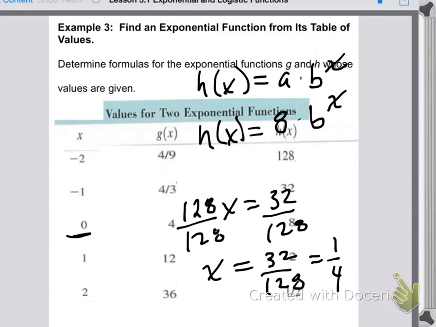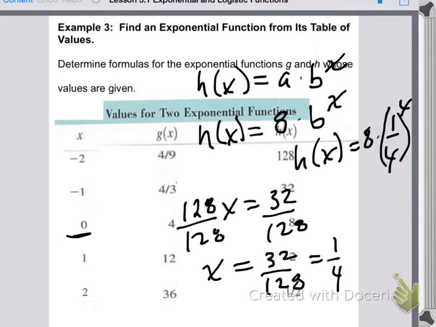Alright, and so that's what my b is. So h of x is going to equal 8 times 1/4 to the x.